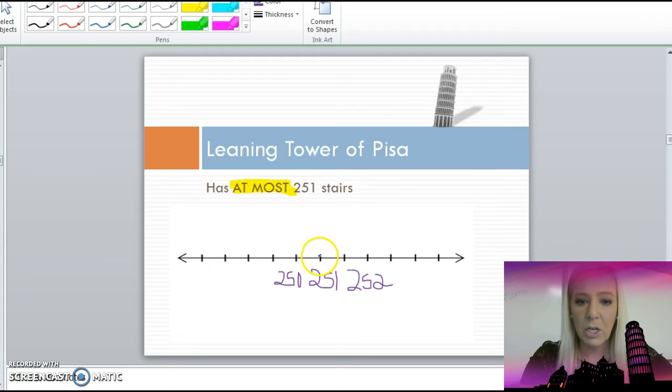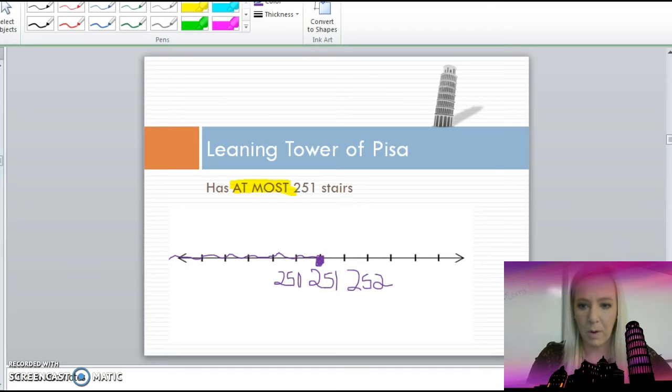Now, I'm going to use a closed dot at 251 because I can actually hike up 251 stairs. Do I have to? No. I could hike up 250 stairs, 249, 248, 247, 246, and so on and so forth. But at most, I can hike up 251 stairs.